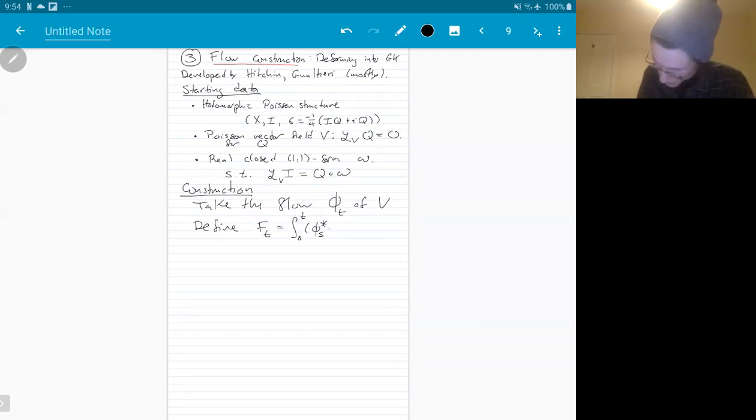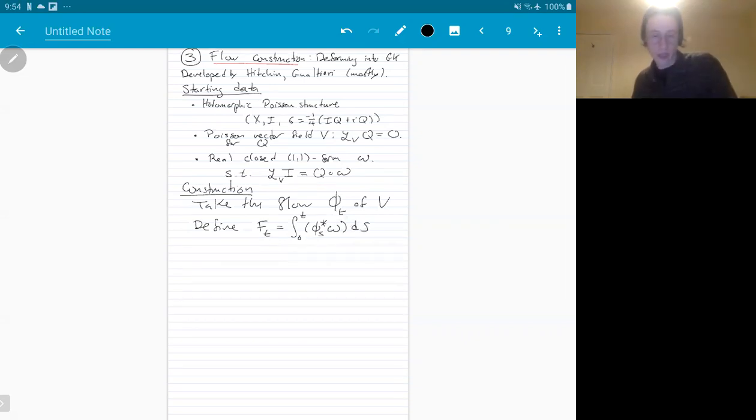So we essentially pull back omega by the flow of V and average it. And then we just take I minus to be the given structure I, and for I plus, we take the pullback of I.